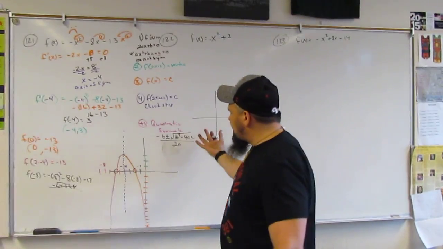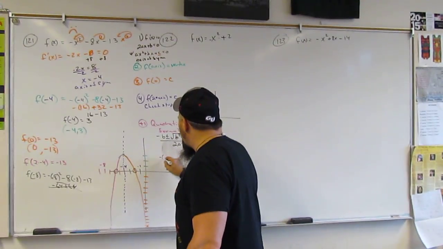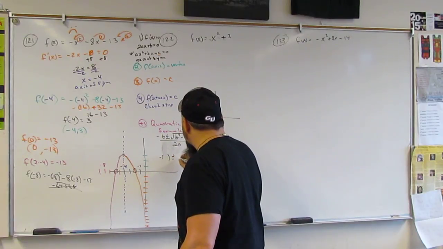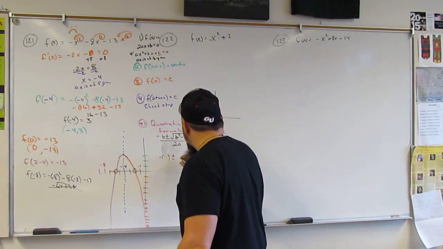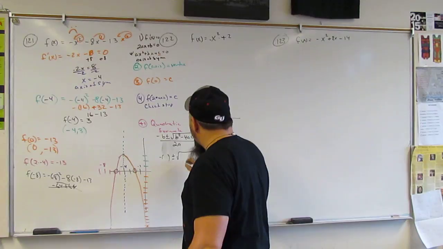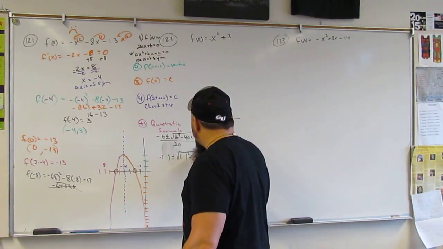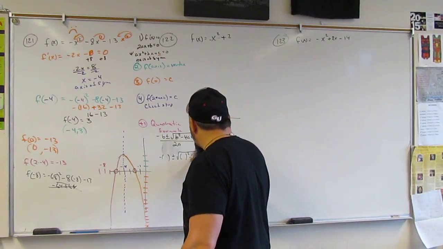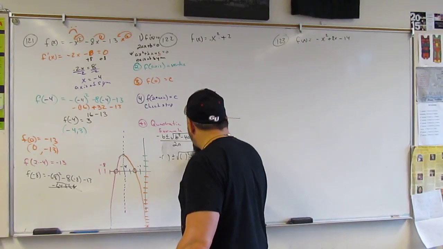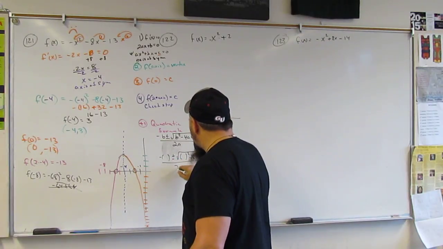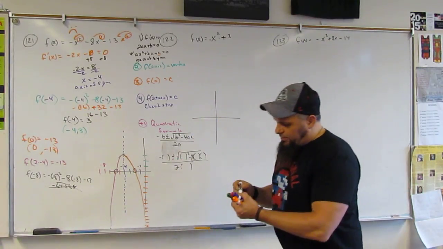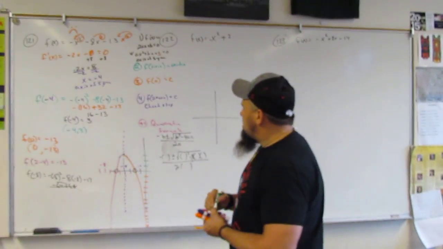And then I got to plug that in. Negative b plus or minus the square root of b squared minus 4 times a times c, all over 2 times a. Then I just start plugging those things in.